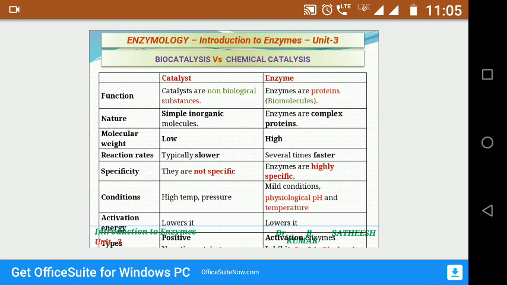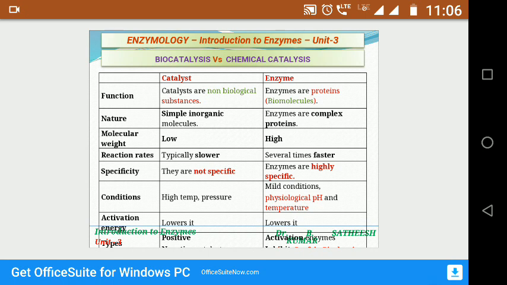When we compare those chemical catalysts with the biological catalysts that are enzymes, we have some differences. The chemical catalysts are simple inorganic molecules, but enzymes are complex proteins. Enzymes are made up of a sequence of amino acids, and the molecular weight of a chemical catalyst is very low.